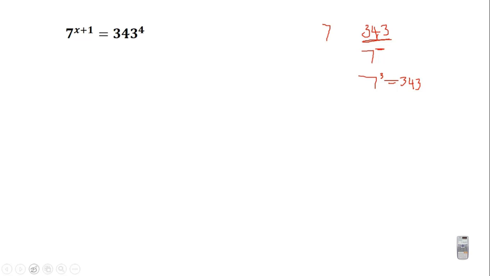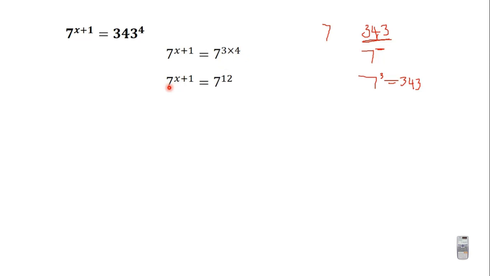Okay, so now we can replace 343 in the equation with 7 exponent 3. So 7 exponent x plus 1 on the left-hand side is equal to 343, which is now 7 exponent 3. Don't forget that there's already an exponent 4 there, so 7 exponent 3 times 4.